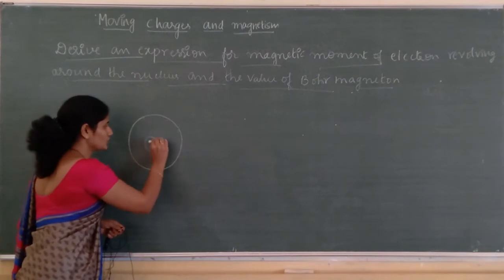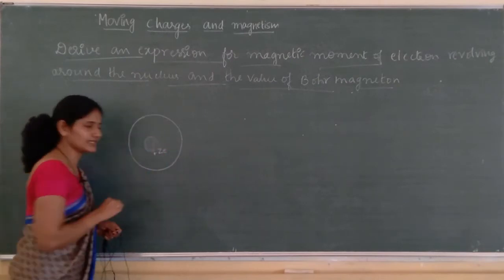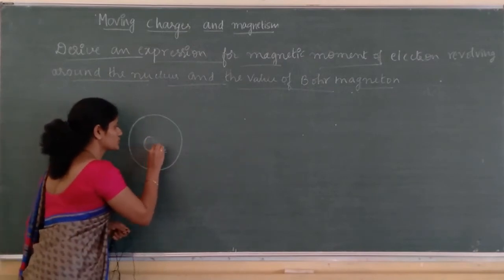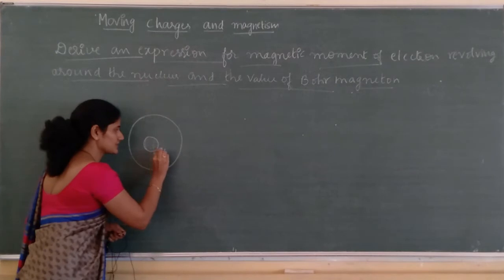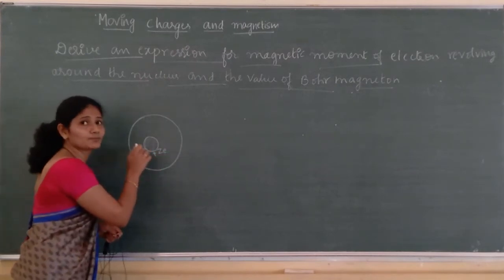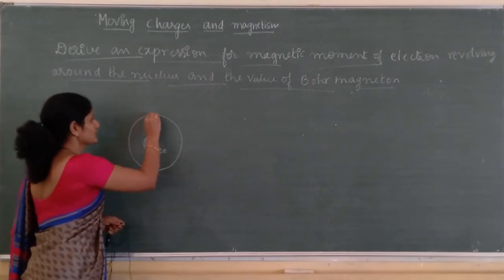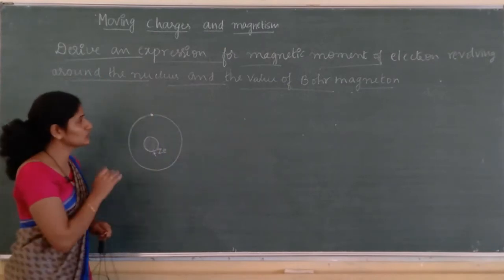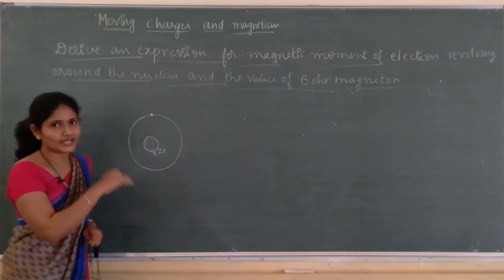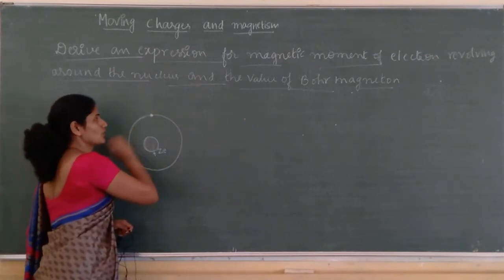So, charge of the nucleus is represented as plus Ze. Nucleus is positively charged because of protons. Around the nucleus we have different orbits, and in those orbits electrons are revolving around the nucleus. So, consider one electron.